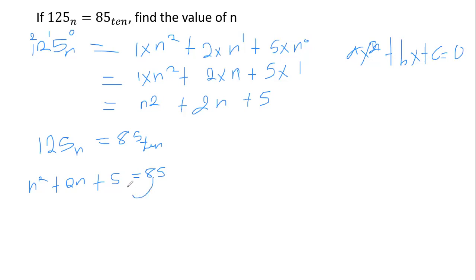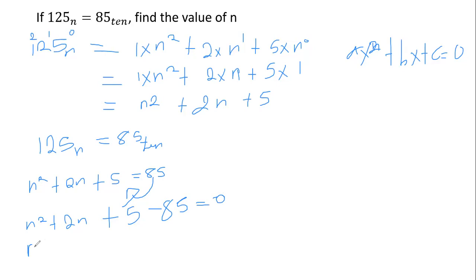So we are going to transfer the 85 to the left-hand side. So we shall have n squared plus 2n plus 5. Then the 85 now becomes a negative because it has crossed the equal sign. So it becomes negative 85, and we equate that to 0.